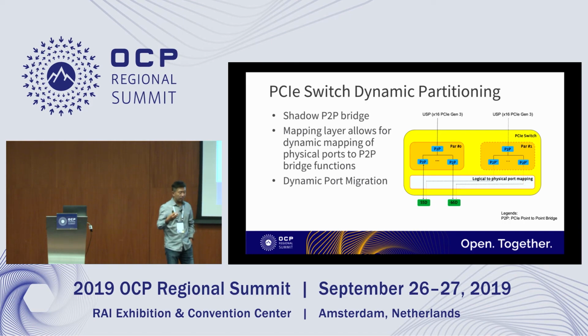The Microchip switch we use has a feature called dynamic partitioning, which creates a mapping layer between the P2P functionality and the end ports. Basically, it breaks that relationship and uses the mapping layer to migrate a physical port to one of the P2P ports configured in a different partition.